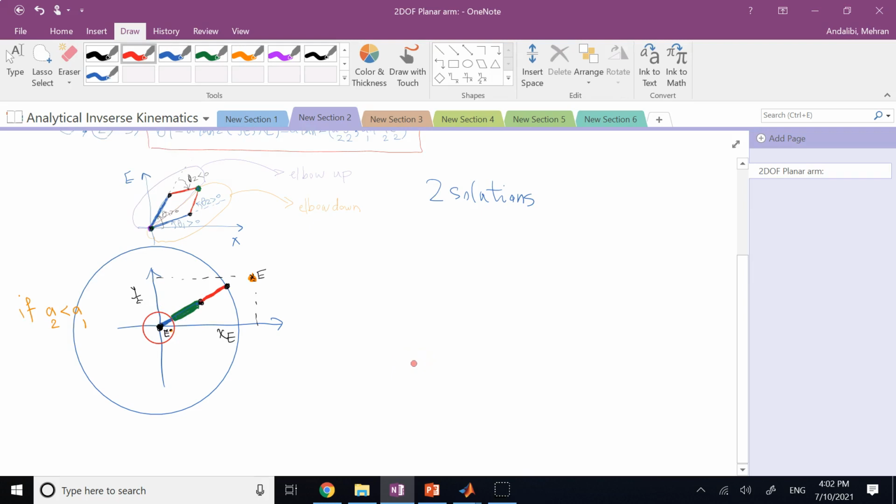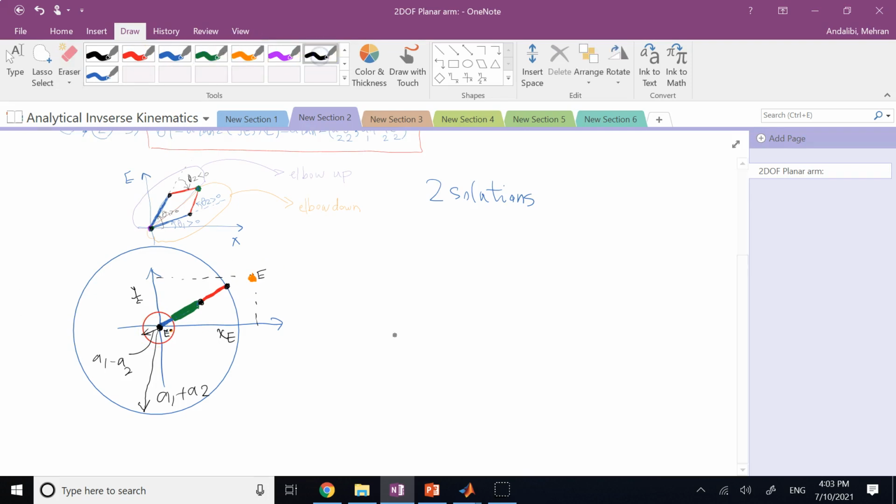Okay, in general, there are two circles centered at the base of the robot. And clearly, the radius for the big one is A1 plus A2, and the radius for the small one is A1 minus A2. As long as your end effector desired location is within these two circles, you can reach it. Once you get outside the big circle or inside the small circle, you cannot have any solution.